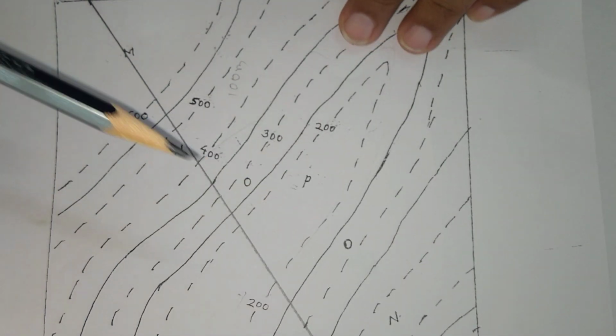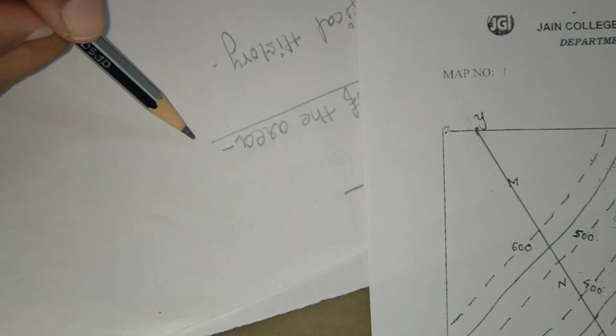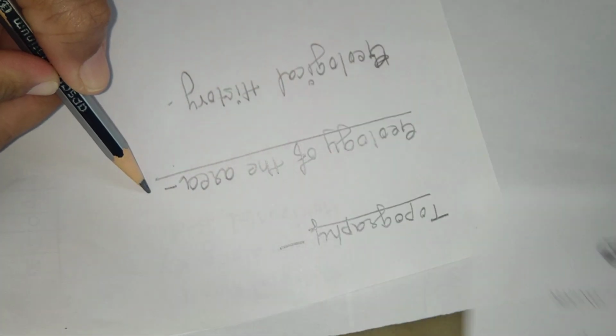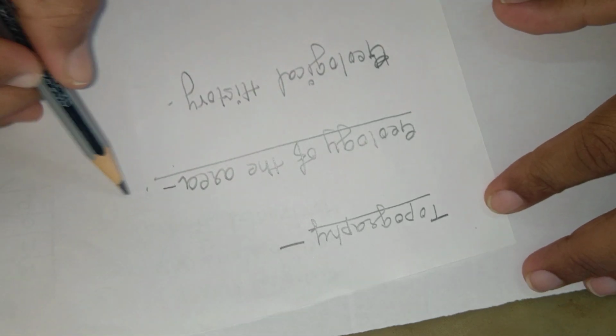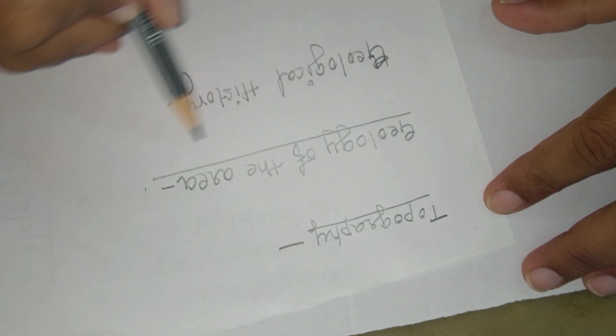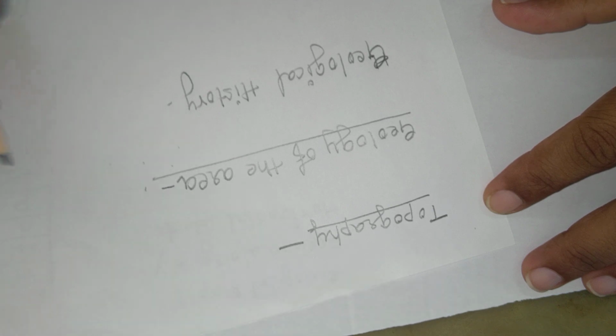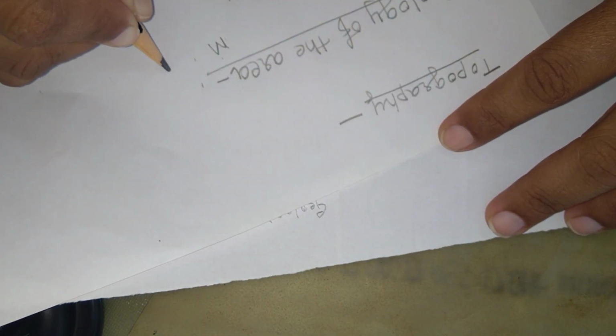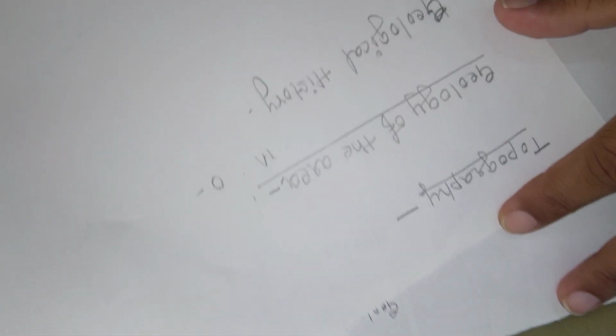So here the map represents the single conformable horizontal series of beds M, N, O and P, wherein M is the younger bed and P is the older bed.